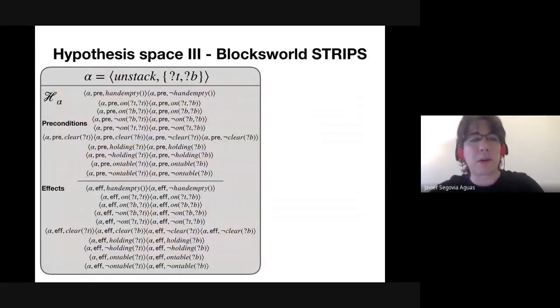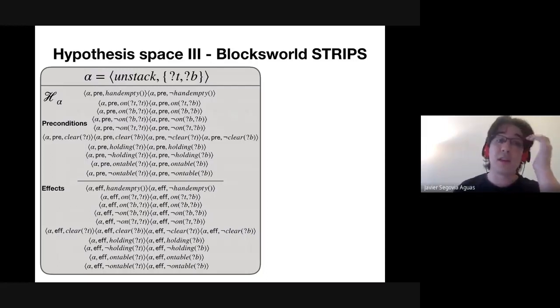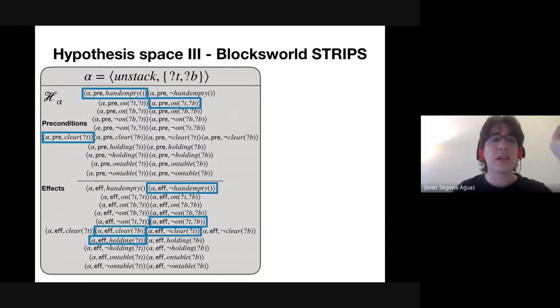So let's put an example in Blocksworld again. We have the Unstack, the action signature for Unstack will be the name, where we have Unstack, and the set of parameters, which is T and B, referred to top and below. Then we have all this list of possible preconditions, all these triplets of preconditions related to alpha, where alpha is the action signature, and all these triplets of effects related to alpha. In the preconditions, then we select these ones. The hand empty, the T is on top of B, and T must be clear.